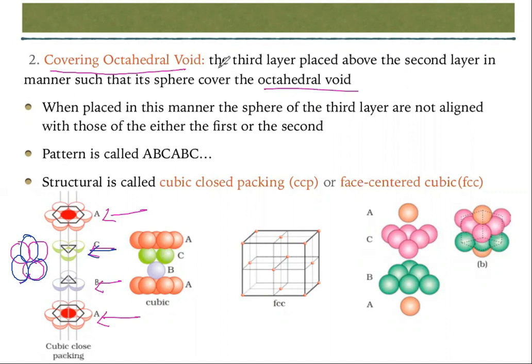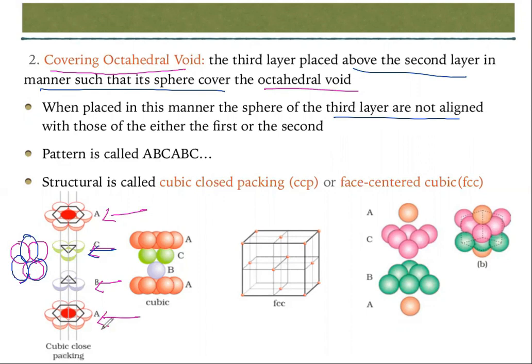Here it is given that the third layer is placed above the second layer in such a manner that it covers the octahedral void. When placed in this manner, the spheres of the third layer are not aligned with those of either the first layer or the second, so there is a difference between the third layer and the first layer.